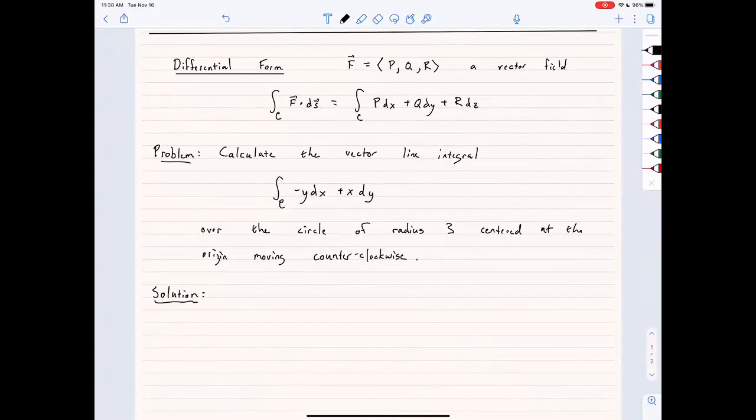We're dealing with a circle centered at the origin. We know how to parametrize that. So we'll say that R of t equals 3 cosine t, 3 sine t, for t from 0 to 2 pi.